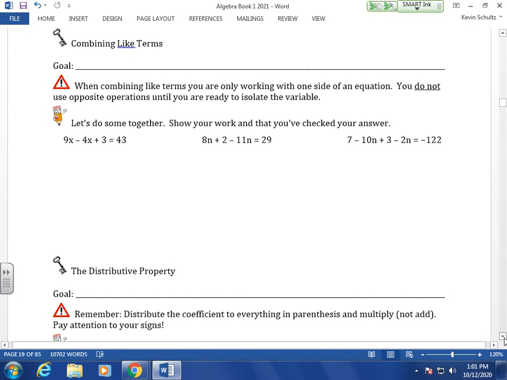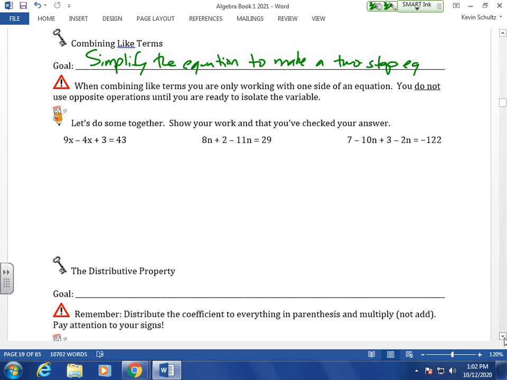And combining like terms, the goal is to simplify the equation to make a 2-step equation.